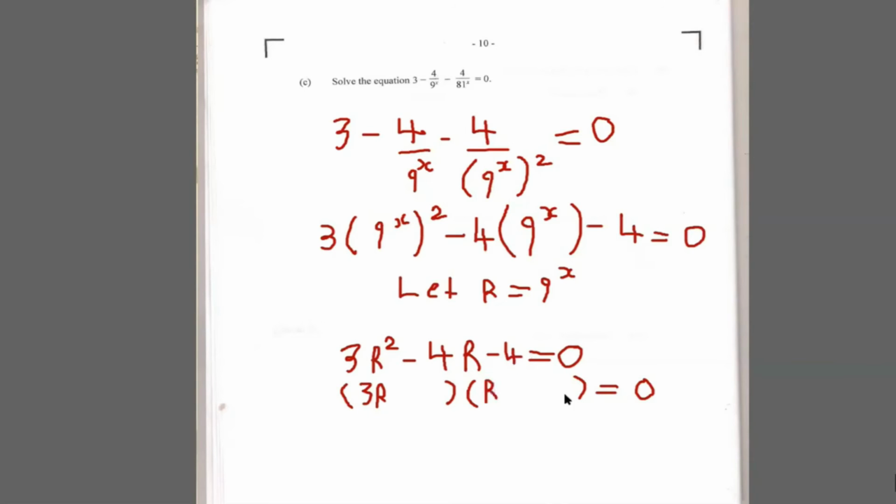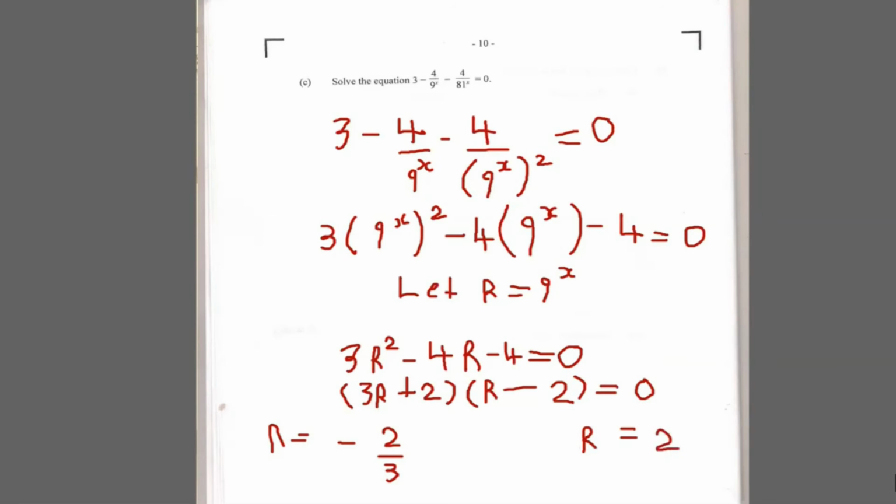To get 4, it looks like 2 and 2. Signs are different. The greater product is negative, so minus goes here and plus goes here. Let's check it out. Minus 6 plus 2, that's fine. So what we get is r is going to be equal to minus 2 over 3, and we're getting r is equal to 2.